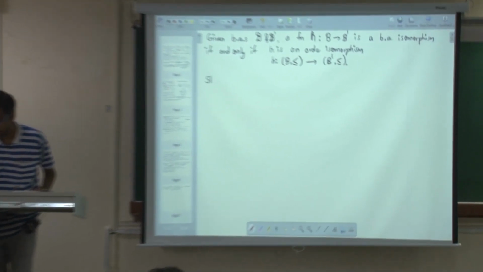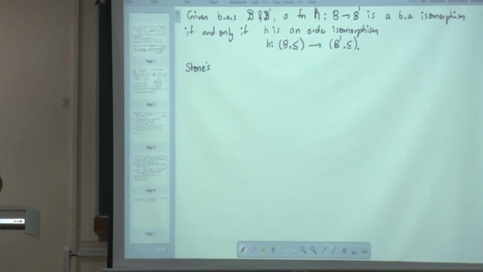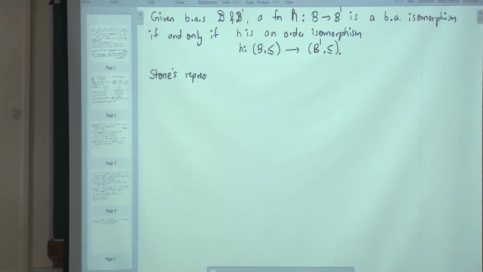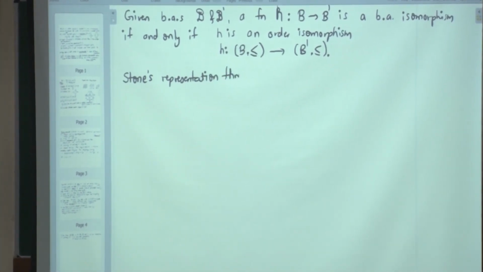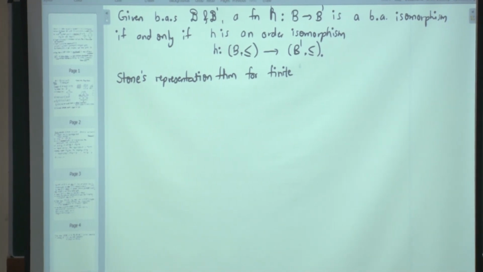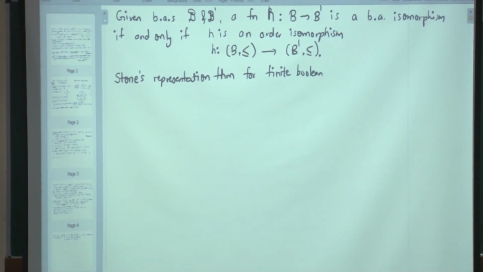Okay, so now we are ready to state Stone's representation theorem for finite Boolean algebras.